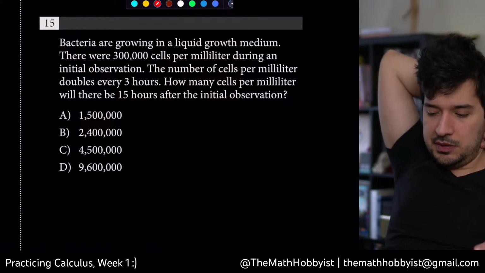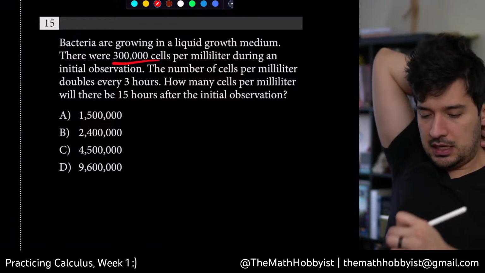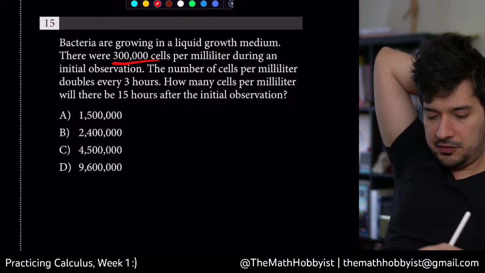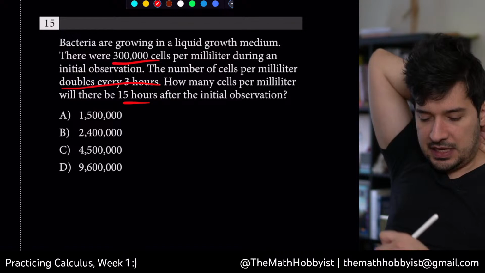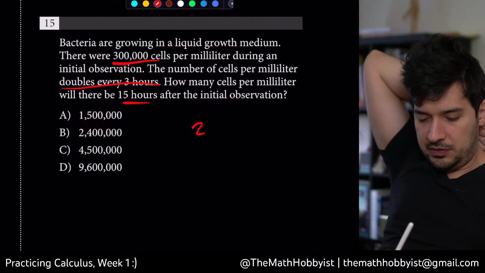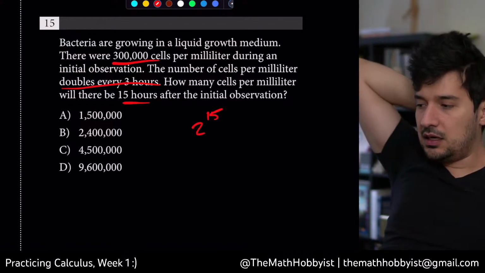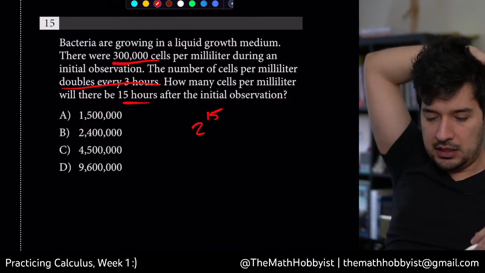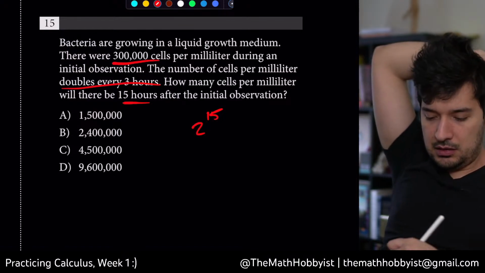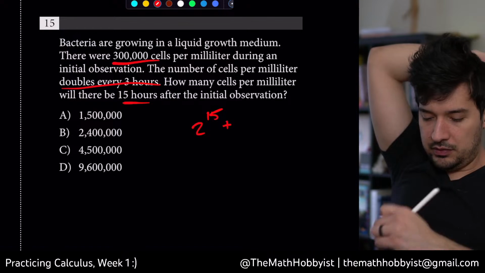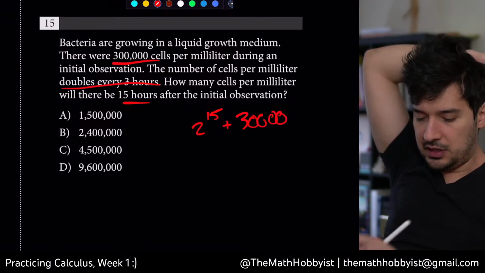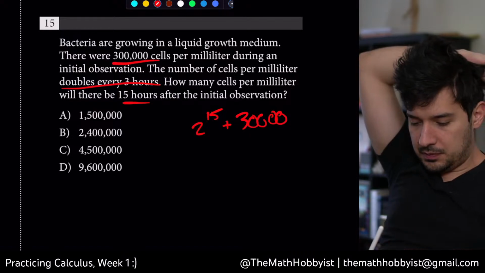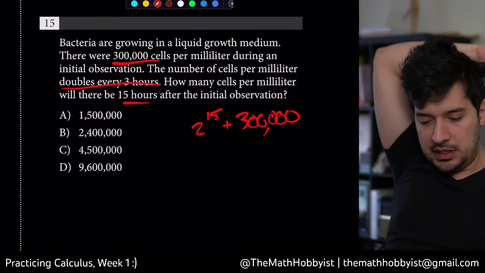Bacteria growing in liquid growth, 300 cells per milliliter. Number of cells doubles every 3 hours, after 15 hours. So we've got 2 to the 15. We are allowed to use calculators in this one, so this is one where you're definitely going to want to use a calculator, at least I would.